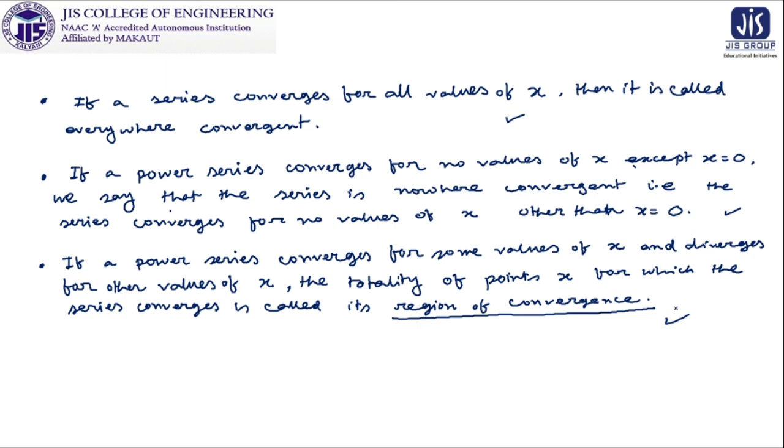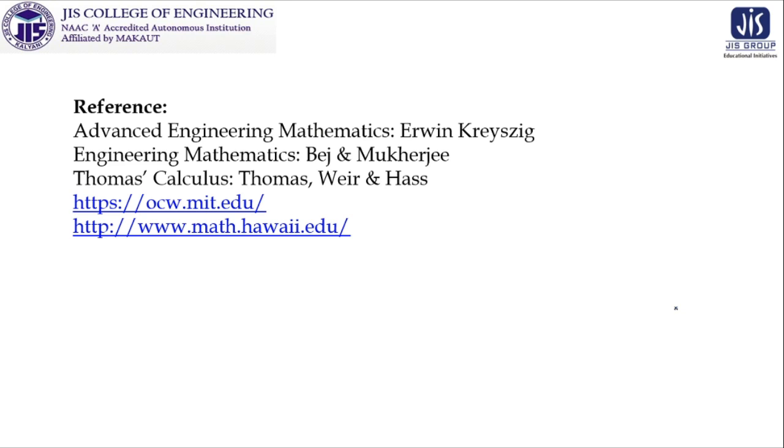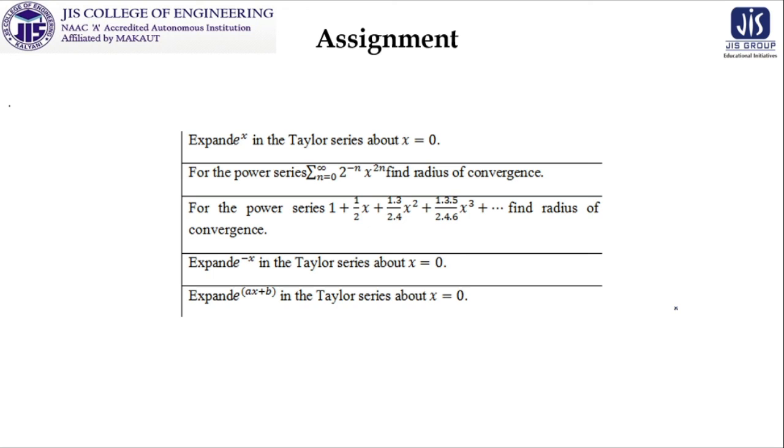So now we are going to mention the sources from which we have prepared this lecture, and you also have to solve these simple problems related to Taylor series and power series.